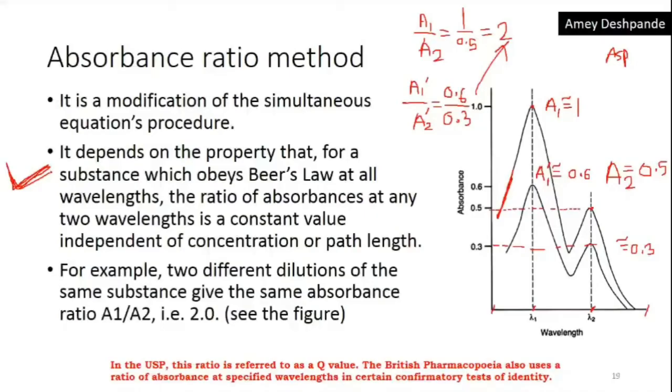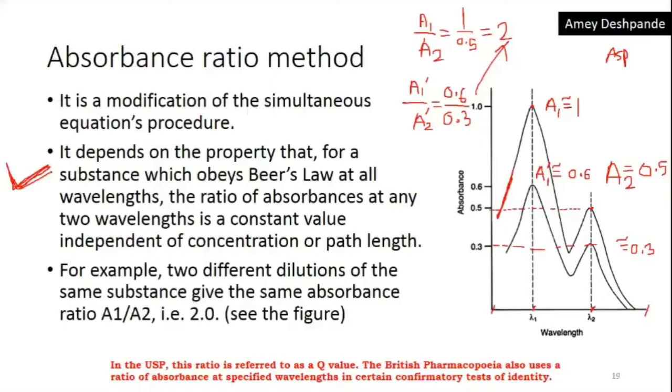Now I will read again. This time I'm sure you will understand it better. This particular method depends on the property that for a substance which obeys Beer's law at all wavelengths, the ratio of absorbances at any two wavelengths is a constant value.